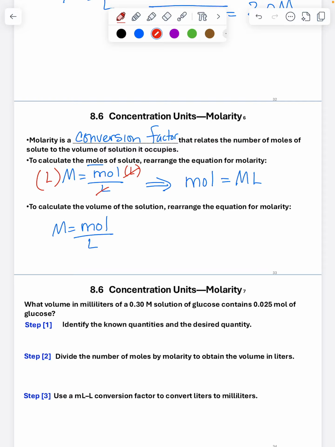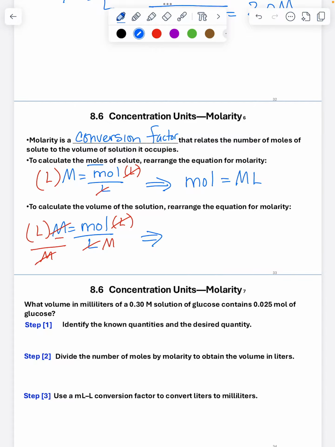And then we want to get rid of molarity, so we want to divide both sides by molarity. And so that cancels the M's here. And so you're left with a new equation after all of that, and that says liter, which is your volume, is equal to mole over molarity. So that's a helpful thing to be able to rearrange the equation to solve for either moles or volume.